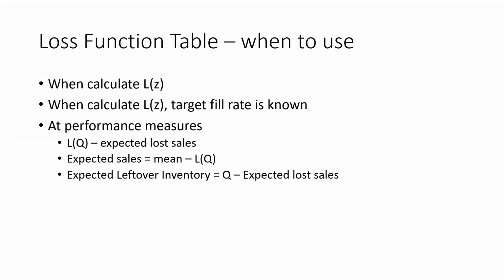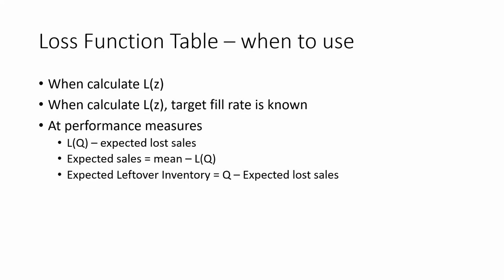Okay, loss function table. When to use loss function table? When we calculate L of Z, the target failure rate is known. So in that target failure rate question, say 98% target failure rate, you need to figure out the Z, so figure out L of Z. When you see L of Z, L of Q at performance measures, L of Q is expected lost sales, and expected sales is equal to mean minus L of Q, same as expected leftover inventory.